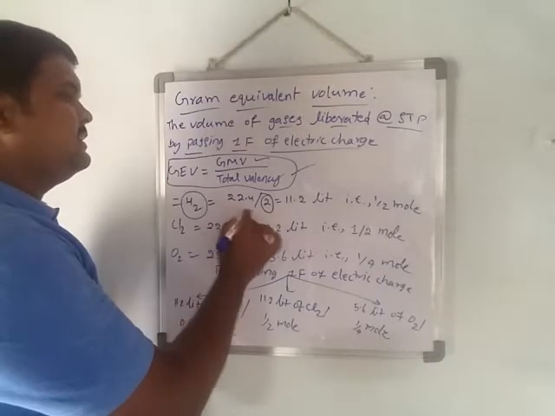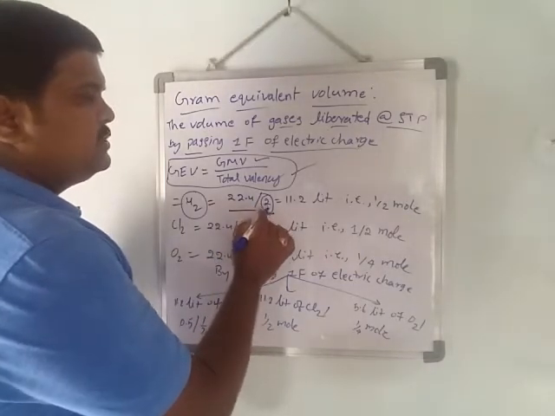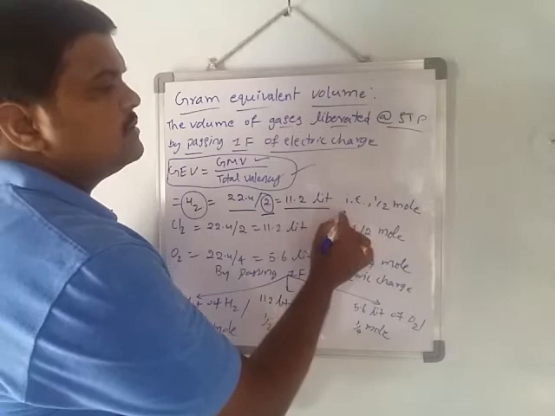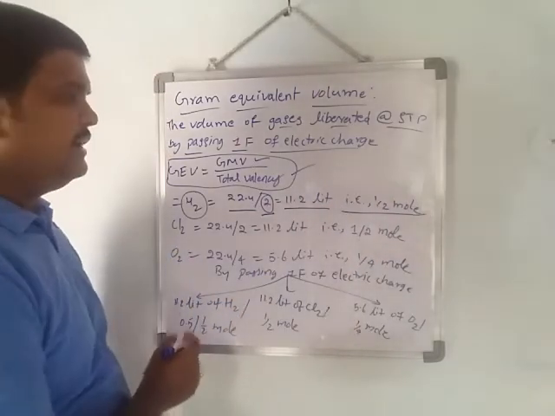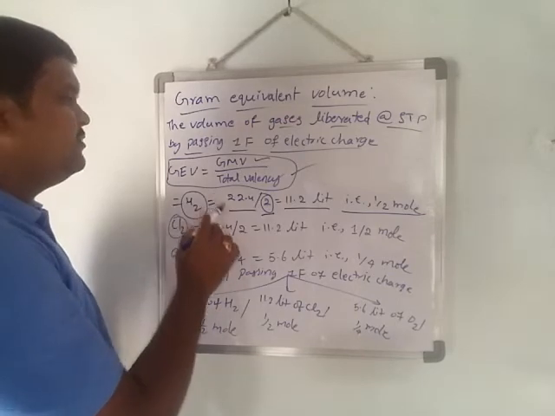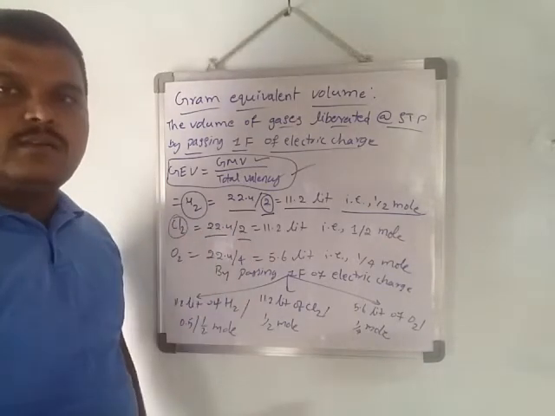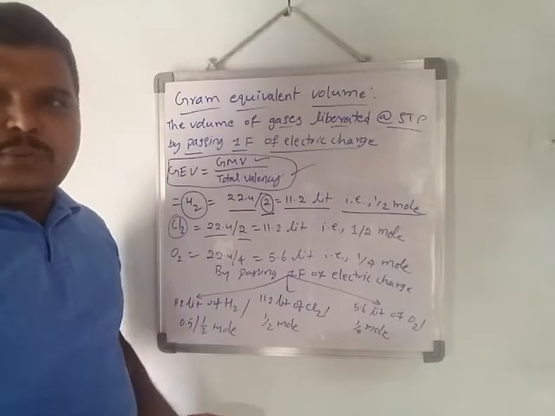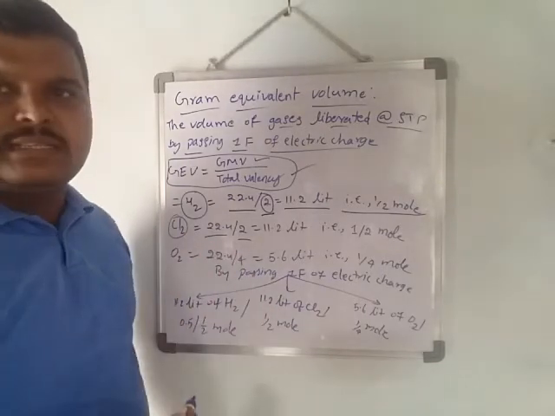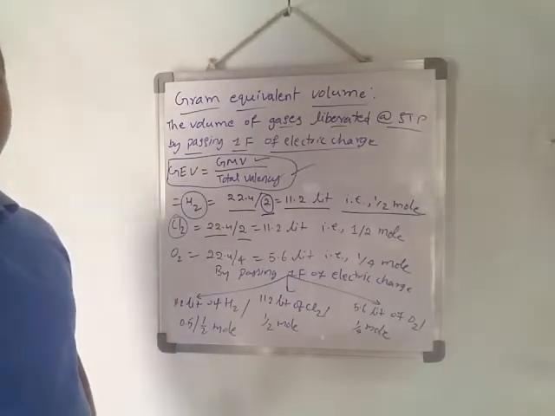Hydrogen gas, that is 22.4 by 2, the total valency 2, that is 11.2 liters, that is half mole of hydrogen gas liberated. Suppose you take chlorine, the gram equivalent volume is 22.4 by 2. Chlorine gains 1 electron, minus 1, 2 chlorine atoms, 2 into 1, 2. So we don't need to mention the charges and all, we only look at the total valency.